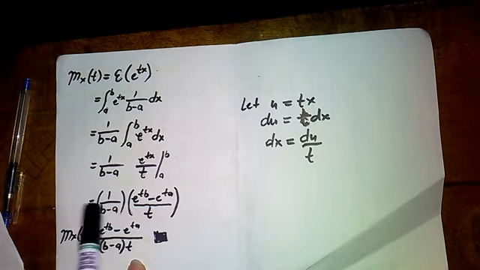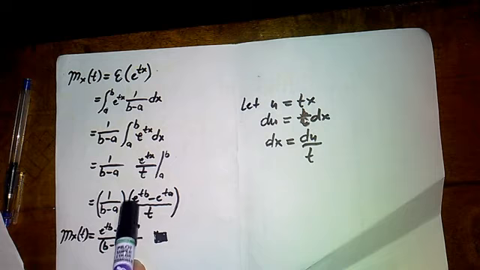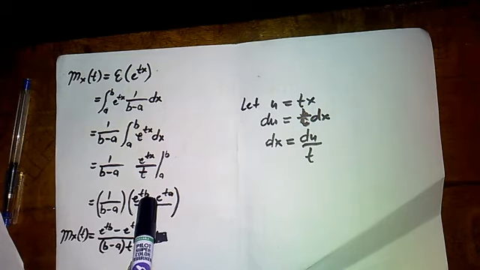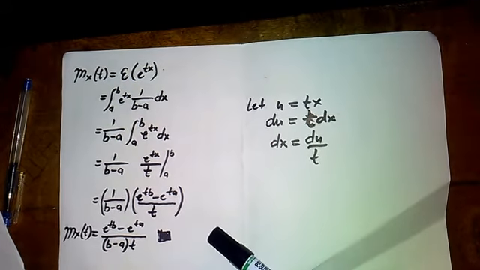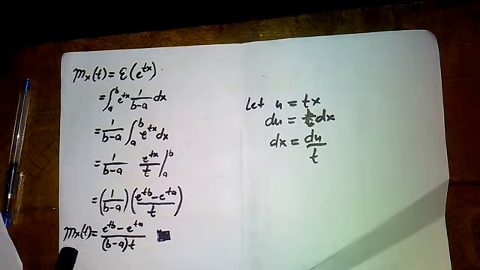So we have 1 over b minus a times e raised to the power of tb minus e raised to the power of ta all over t. To simplify, our moment generating function is e raised to the power of tb minus e raised to the power of ta all over b minus a times t.